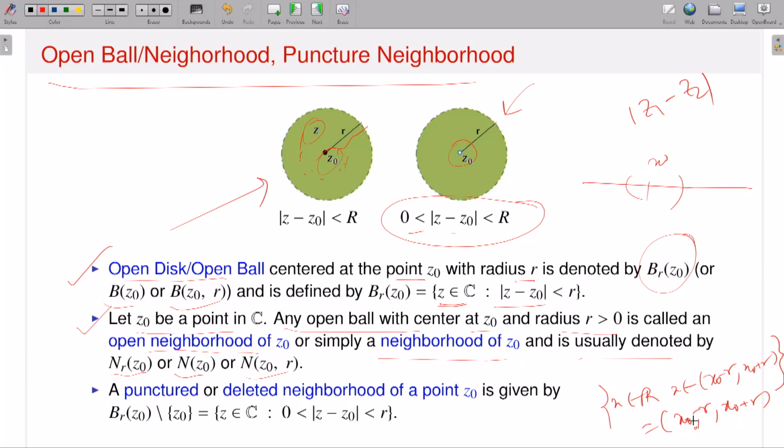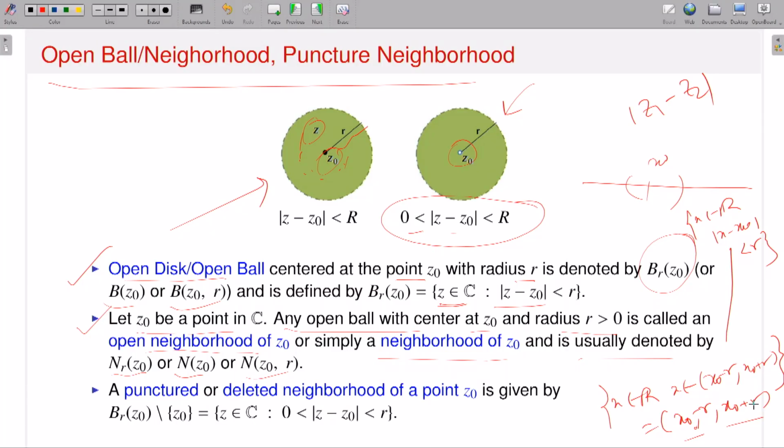Or you can think about the same set as all those x in R such that the absolute value of x minus x0 is strictly less than r, that you know. So what I am doing from real numbers to complex numbers, or R2, is this: you know the concept of open interval in R, and similar kind of concept I am extending in the complex plane by saying open ball.